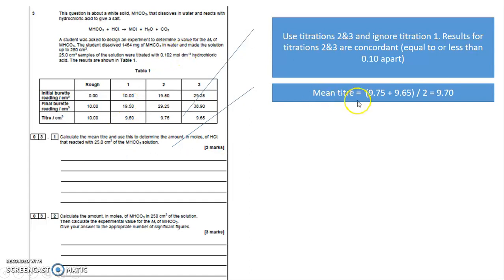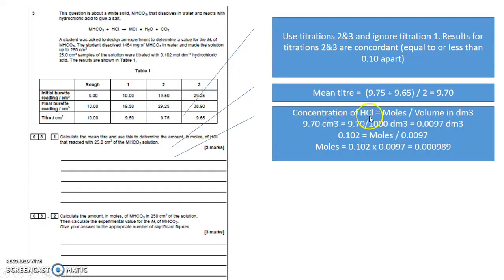Okay, so I've got the volume, I've got the concentration of HCl, so concentration is moles divided by volume. My volume is 9.7. I've got to get it into decimetre cubed first of all. So 9.7 centimetres cubed into a higher unit of decimetre cubed, I divide by 1,000, 0.0097 decimetre cubed.